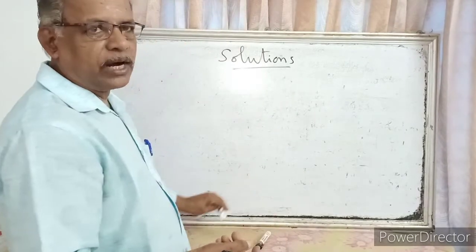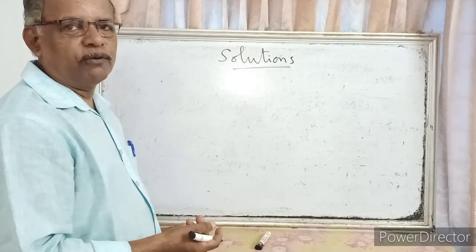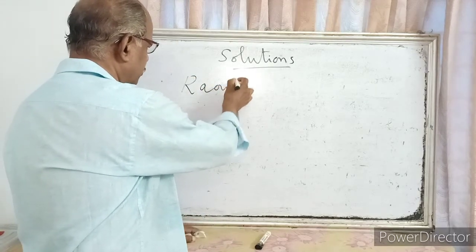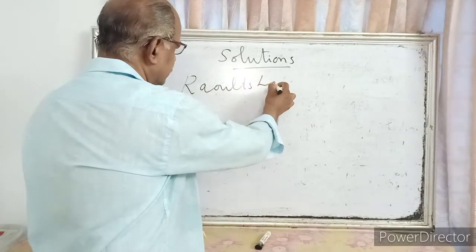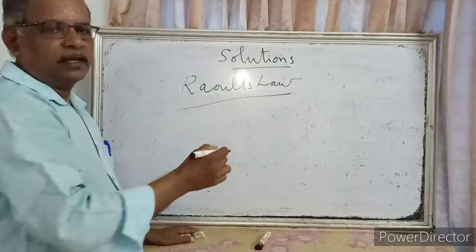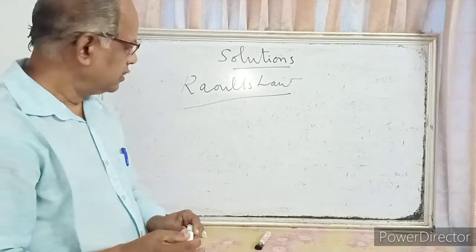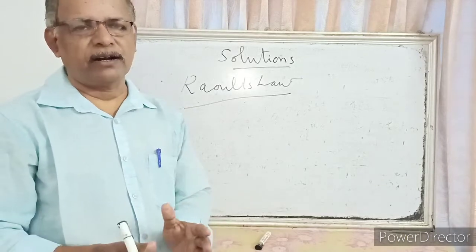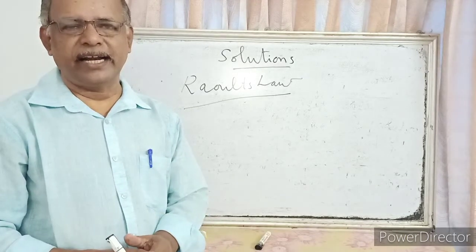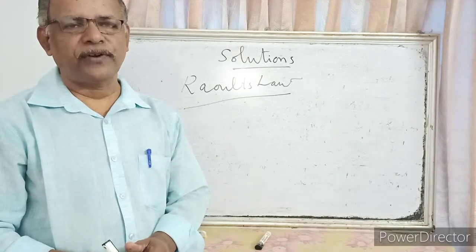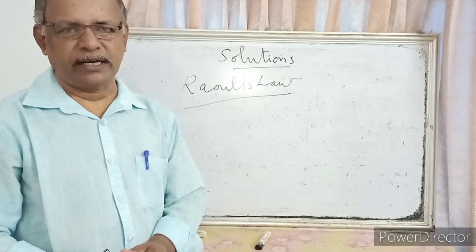Next we are going to another law called Raoult's law. The statement is: the partial pressure of a solution containing volatile liquids will be proportional to their mole fraction in the solution.